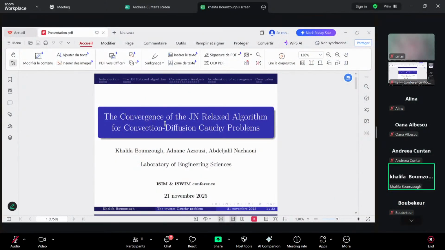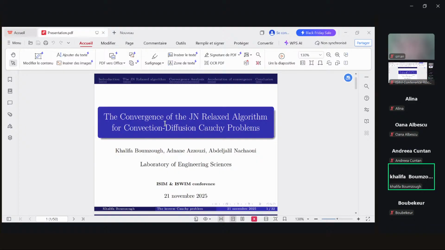So, good afternoon, everyone. My name is Khalifa Bumzouh from Morocco. It's a pleasure to present our work today at this conference. I will talk about the convergence of the GN relaxed algorithm for convection diffusion Cauchy problems. This is joint work with Professor Abdeljalil Nachaoui and Professor Adnane Azouzi.